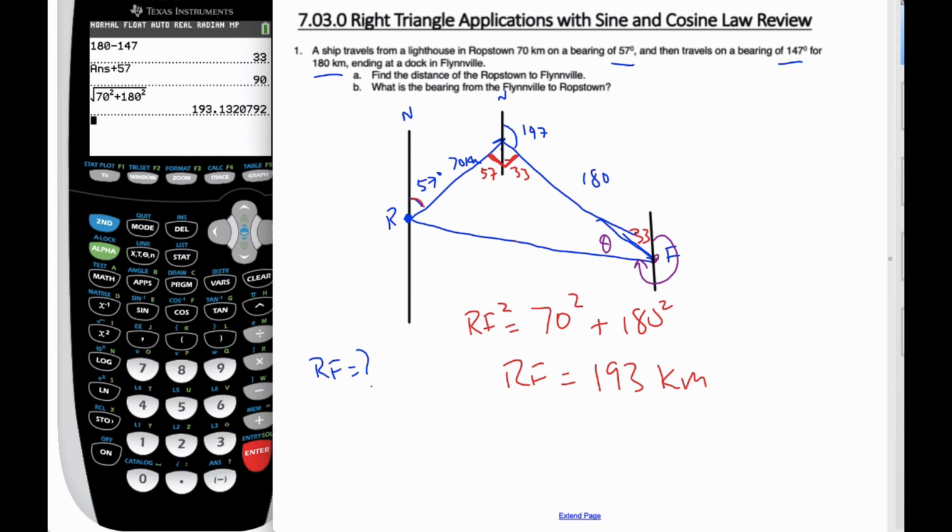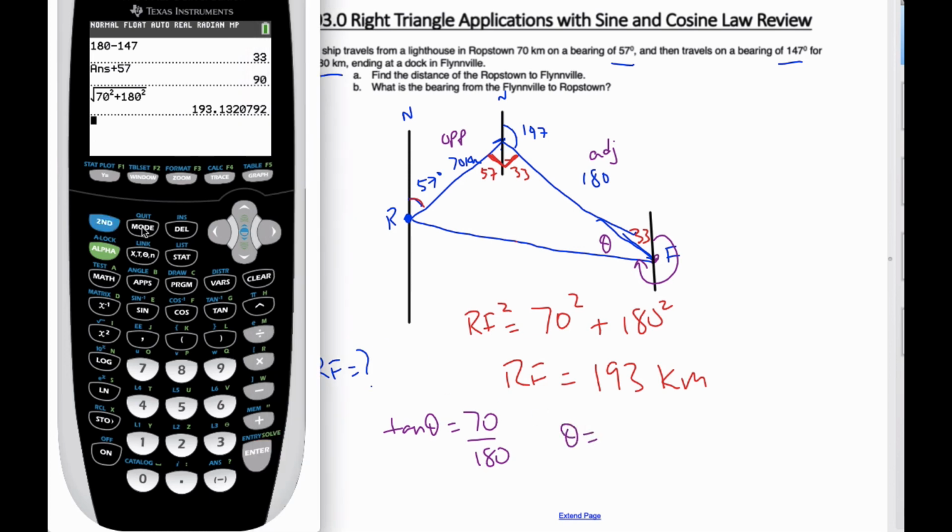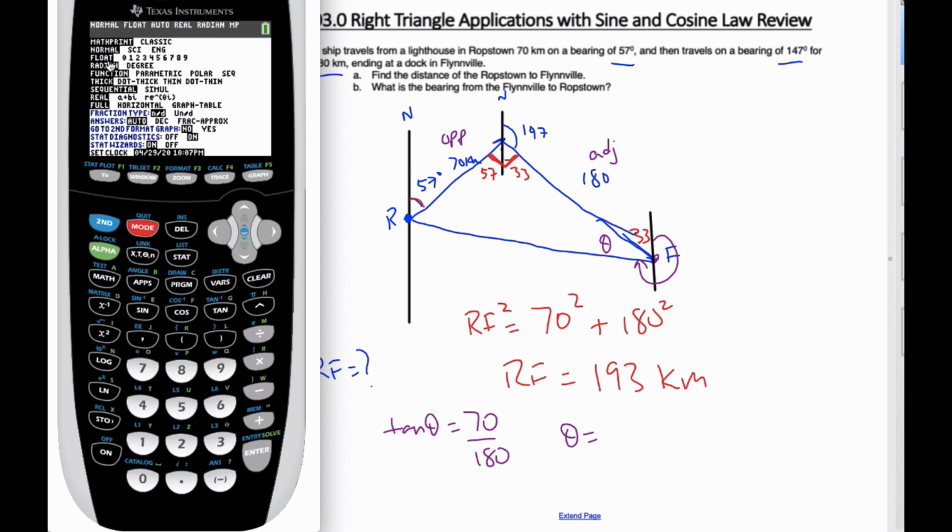So in order to find my theta, again, I recall, here's theta, this is my opposite, this is my adjacent. So opposite over adjacent, the tangent of theta is equal to 70 over 180. And so then theta, checking to make sure that I am in degrees.